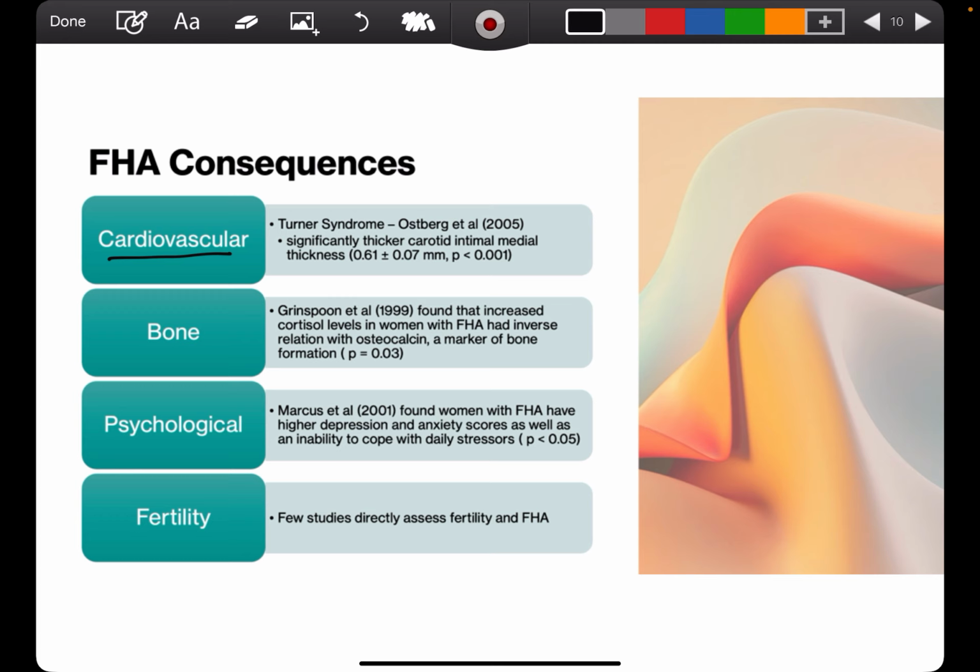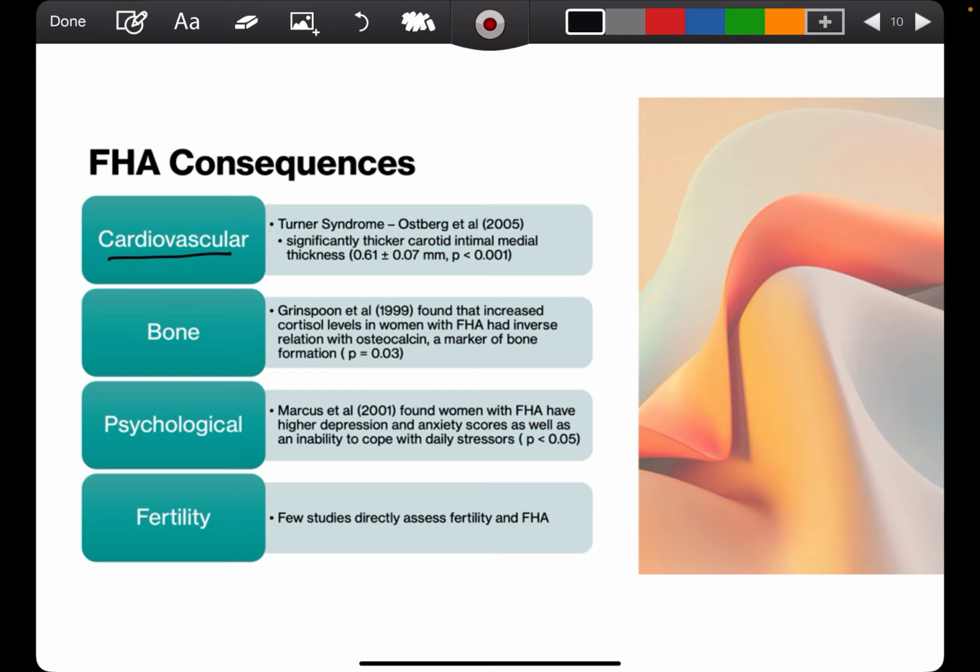Osberg et al. was a study of individuals with Turner syndrome and primary ovarian dysfunction. Turner syndrome is a genetic issue where the body has lifelong estrogen deficiency due to genetic issues at birth.